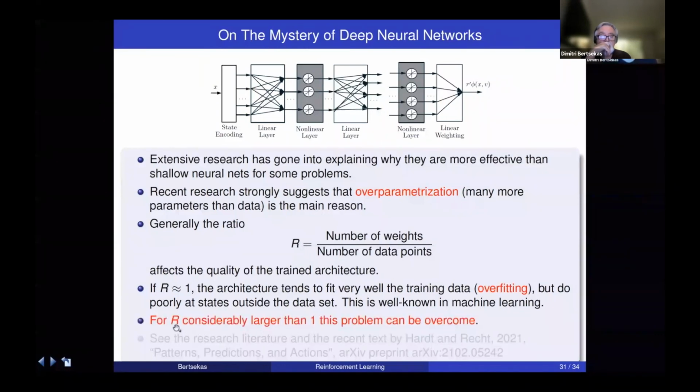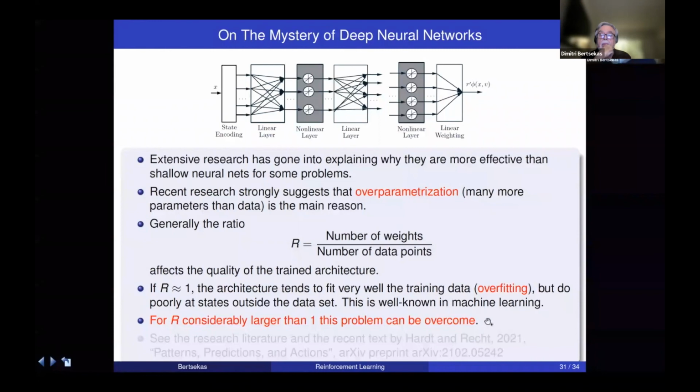However, it turns out that for R considerably larger than 1, this problem of overfitting can be largely overcome, in theory, and also in practice, with some tricks that people have figured out. So this is the latest word on research for deep neural networks, and indeed it's quite revolutionary.